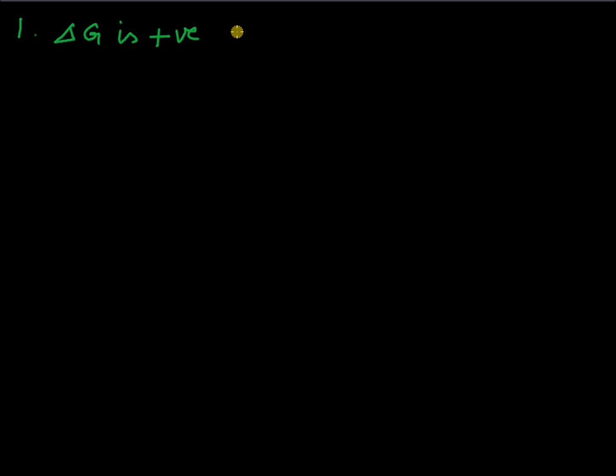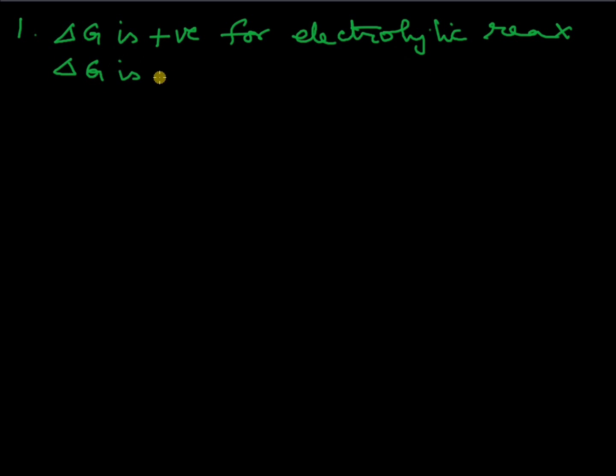It is positive for an electrolytic reaction. In an electrochemical reaction, we perform a spontaneous reaction and produce electricity. Hence, delta G is negative.